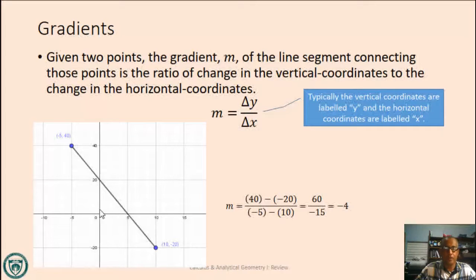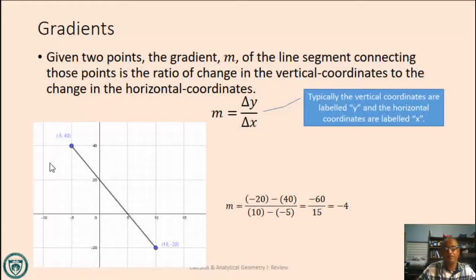If this is the initial and this is final, then down here you have to be consistent. So it's the final value of the x coordinate minus the initial value of the x coordinate. The final value of the x coordinate was minus 5, and here the initial value is 10, so final minus initial, and of course we get minus 4.